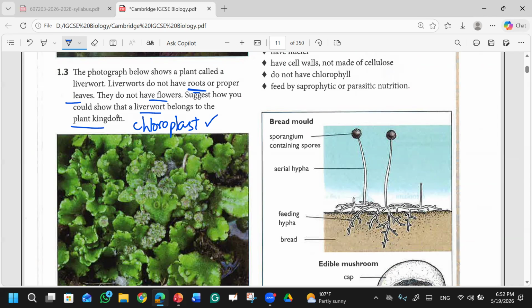It has a cell wall made of cellulose. So it has a cell wall, but the animal doesn't have any cell wall. Good. And that is made up of cellulose. These are the two evidences that are enough.